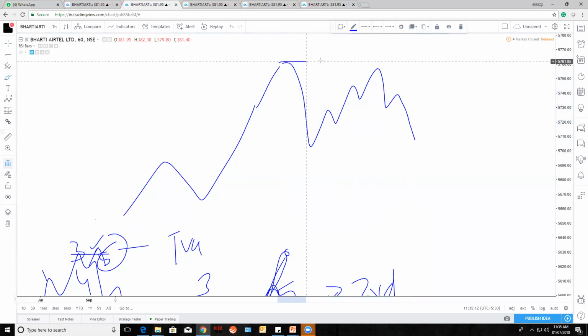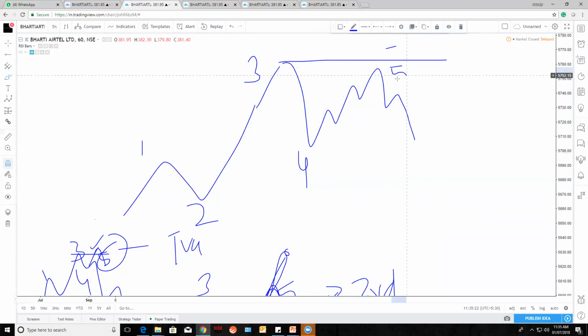Internally, this is the 1, this is a 2, this is a 3, this is a fourth, and this is a fifth wave. You will come to know that it is making 1, 2, 3, 4, 5 internally. It's not going beyond the third wave, and it comes down and crosses the fourth wave. Then it will confirm to you that the fifth wave is a truncation here.